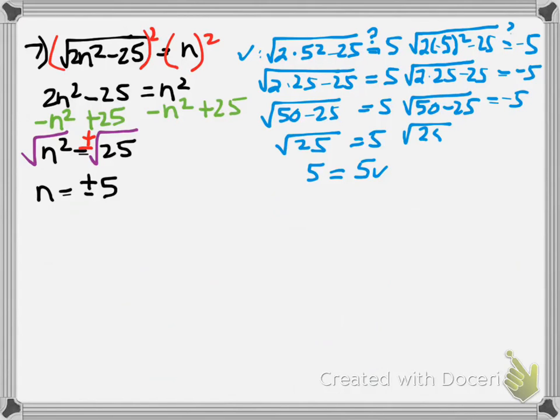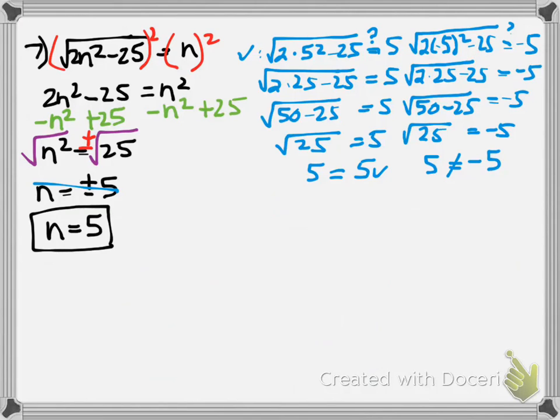But this is a case where you don't see until you get to the very end. And what we have is positive 5 on the left, and negative 5 on the right. So that tells me that it doesn't work for negative 5. So we're going to go back to this answer, and all we're going to get is n equals positive 5.